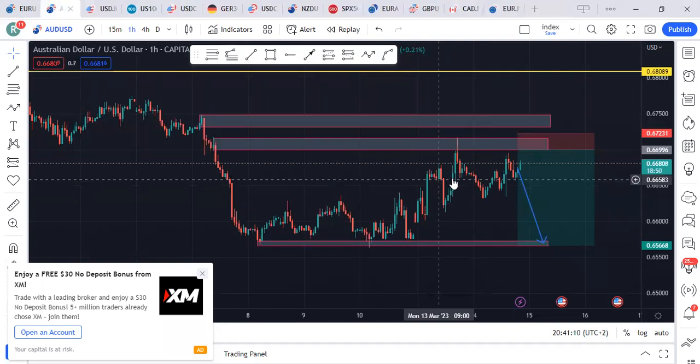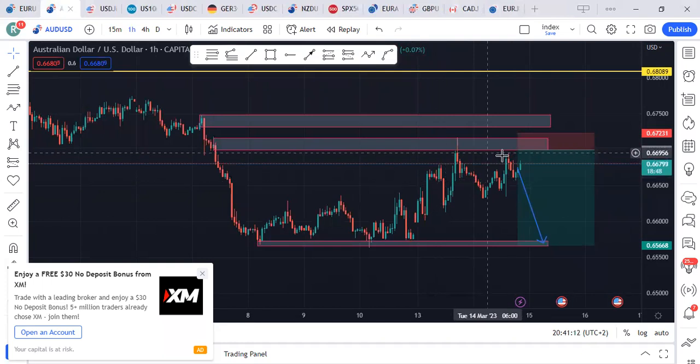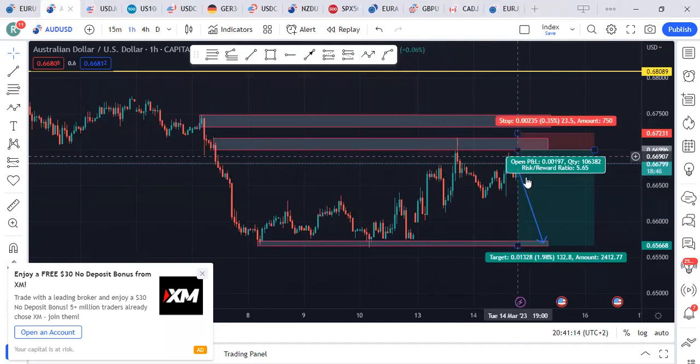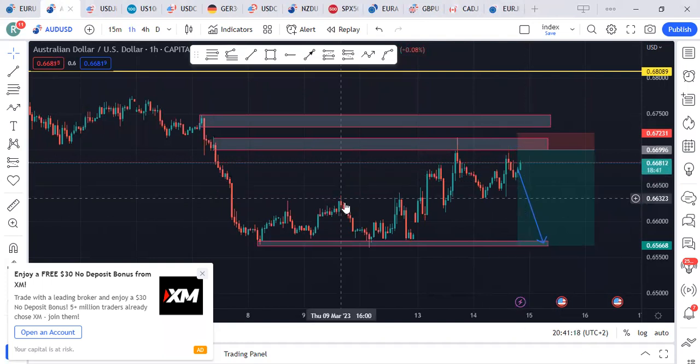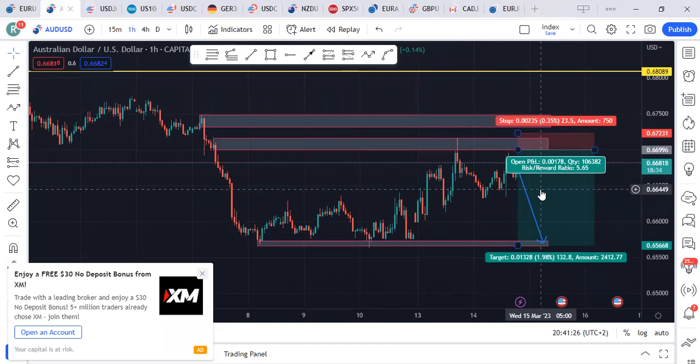The market has already touched the point where I would like us to take this trade, meaning that if we were to take the trade around 0.66996, we would be looking at roughly a 1:5 ratio, a beautiful ratio.